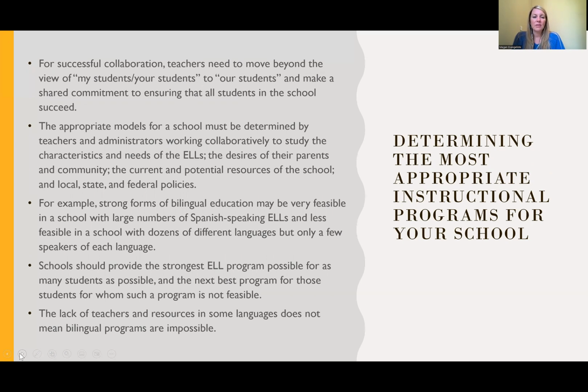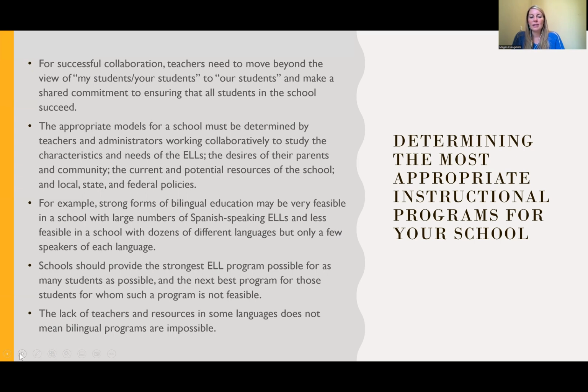The appropriate models for a school must be determined by teachers and administrators who work together to study the needs of English learners, what their parents and community would like for them, and the current and potential resources of the school. For example, strong forms of bilingual education may be very feasible in a school with a large number of Spanish-speaking ELLs and less feasible in a school with dozens of different languages, but only a few speakers of each language.